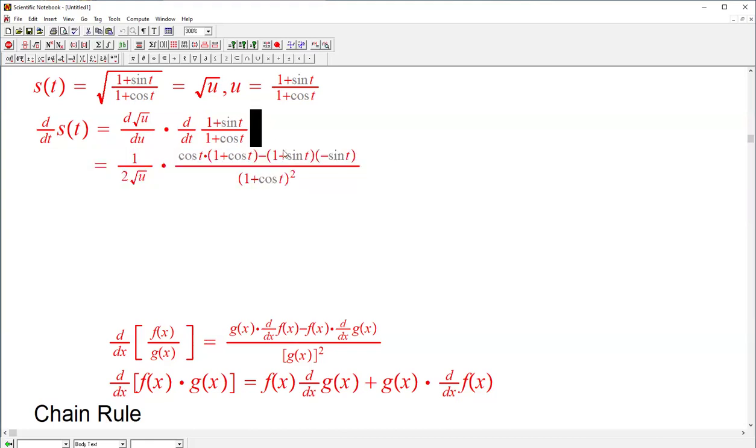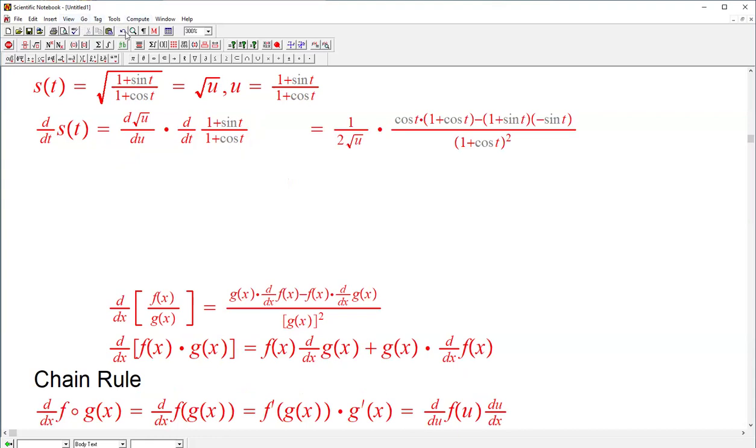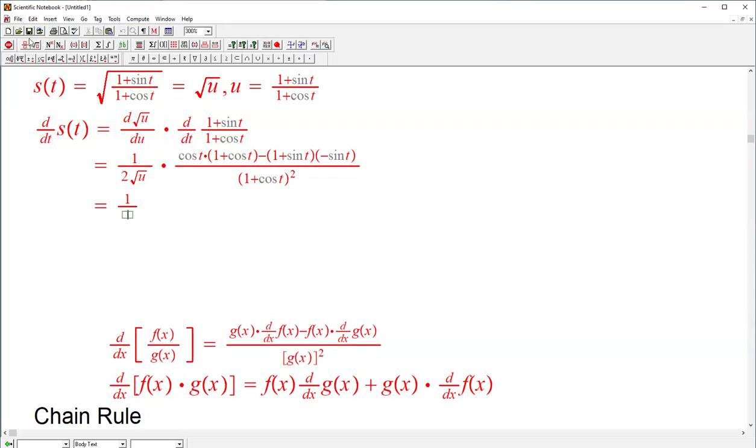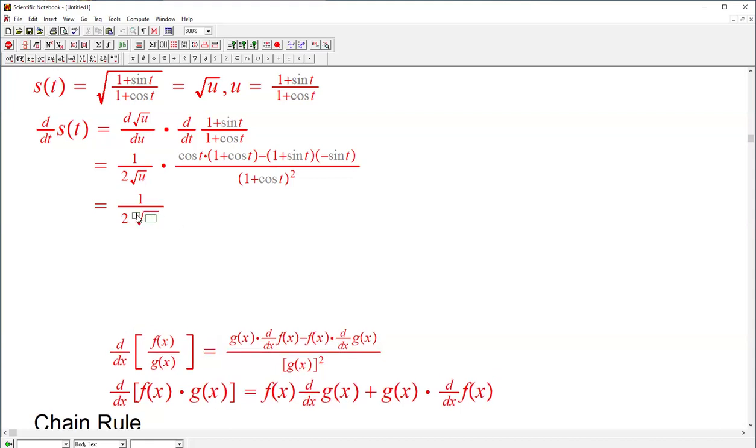And next, of course, we're going to reduce. Okay. Reducing, we have 1/2 times the square root of the entirety of u.